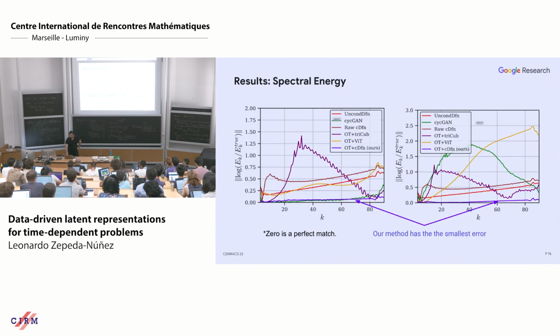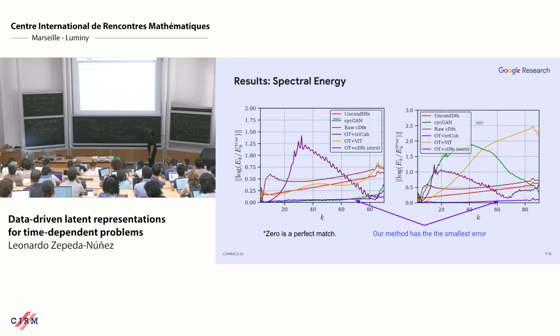Now, you can do exactly the same with other methods. This is the log energy, so the closest to zero, the best. We tried a few different things: cycle GANs, tricubic, vision transformer. We threw everything that we thought could be useful in this case.